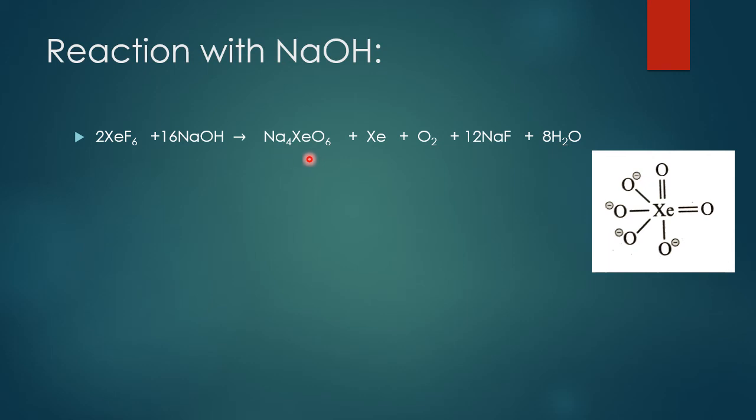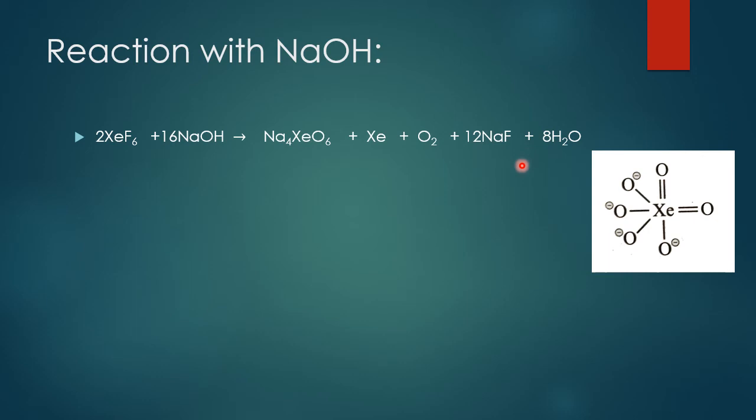When we ionize this, you will get 4Na+ and XeO6 4-. Here the ionic form of perxenate is XeO6 4-, and this 4- charge is neutralized by the 4 Na+ cations. Xenon is released as well as oxygen, and the byproducts are sodium fluoride as well as 8 molecules of water.